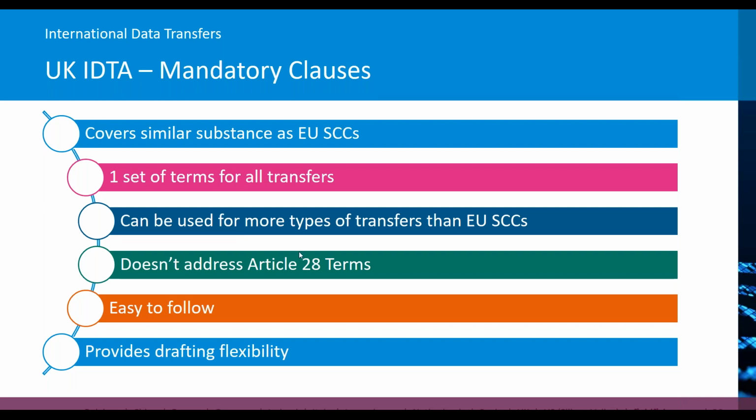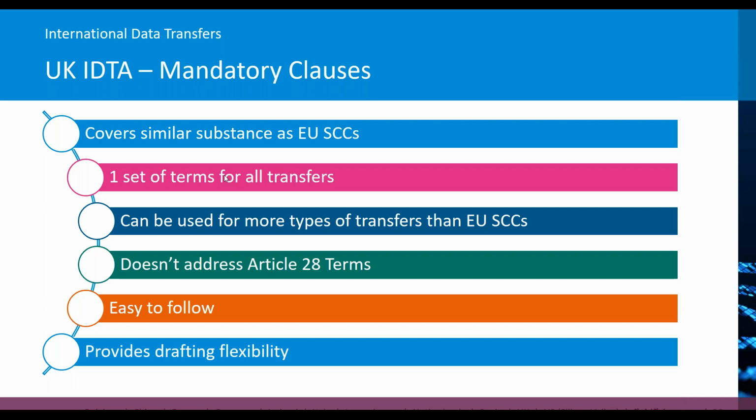The other point is that it doesn't address all of the Article 28 terms. Now, some see this as a positive and others see this as a negative. On the positive side, there isn't the possibility of conflicts between Article 28 terms in the UK IDTA and Article 28 terms that you might have in a linked agreement. Often you'll see that parties want to add a bit more colour to Article 28 terms in a linked agreement, you know, some more detail around perhaps timings or timeframes for notifications or helping with data subject rights, or even cost allocations for audits.